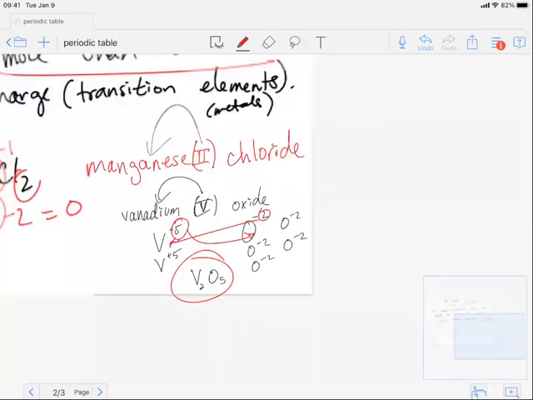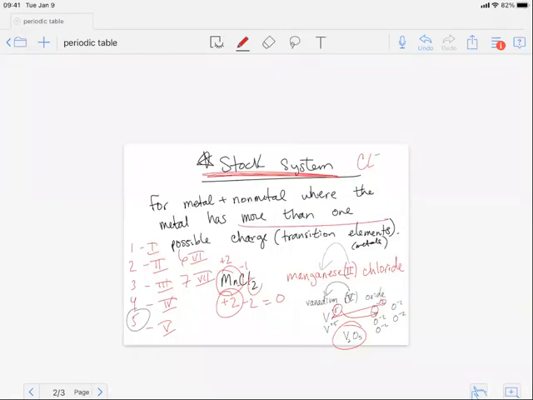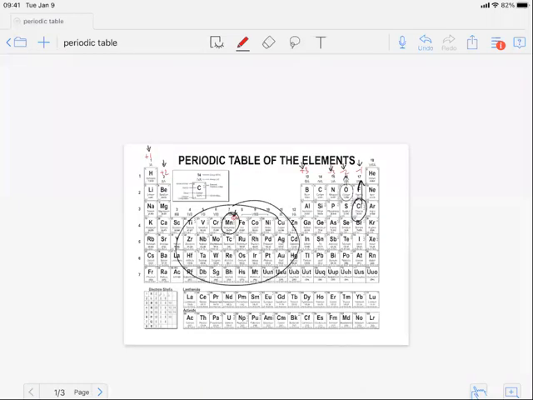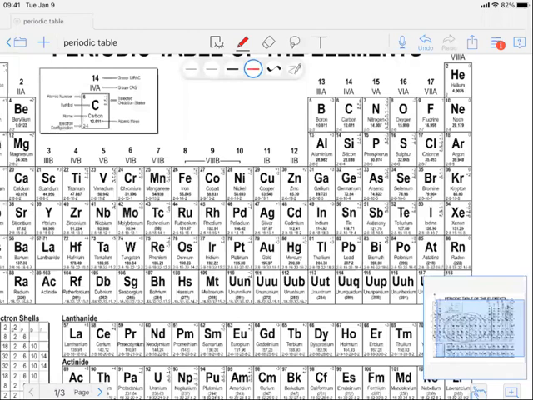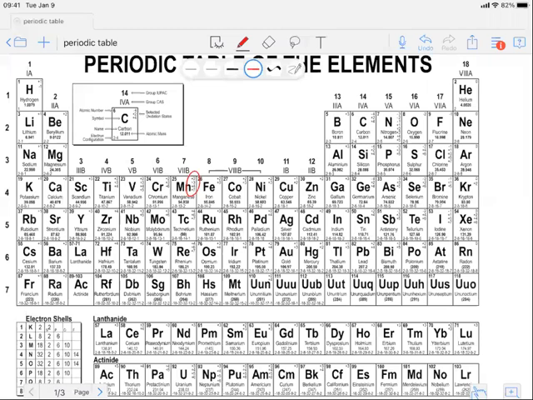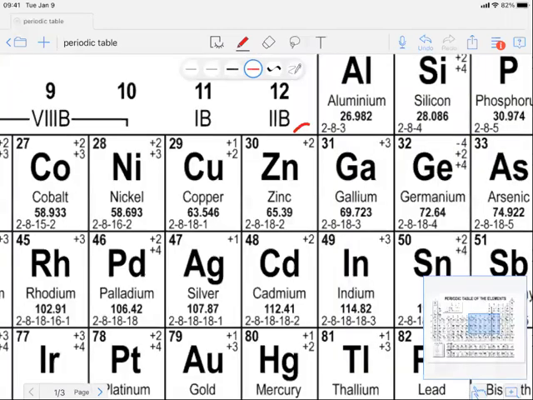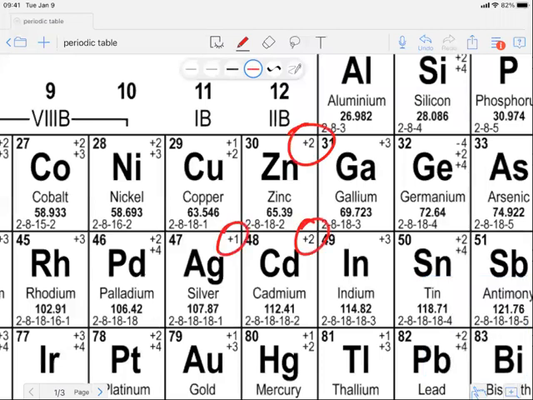But this whole system is using the Roman numeral because your metal comes from the middle section here where you've got more than one charge. I like this periodic table because it's got the numbers in the corner, but also pay attention to the fact that, look at zinc here, and cadmium, and silver: there's only one number in the corner.